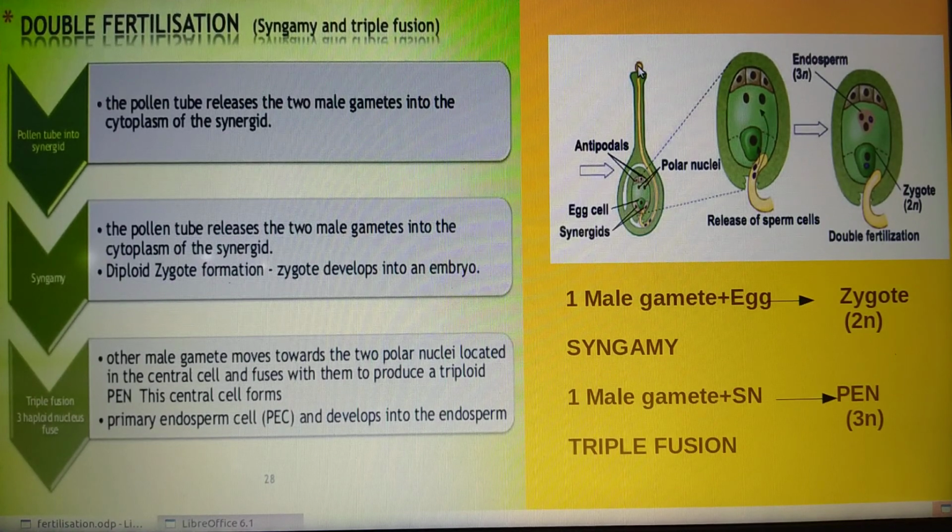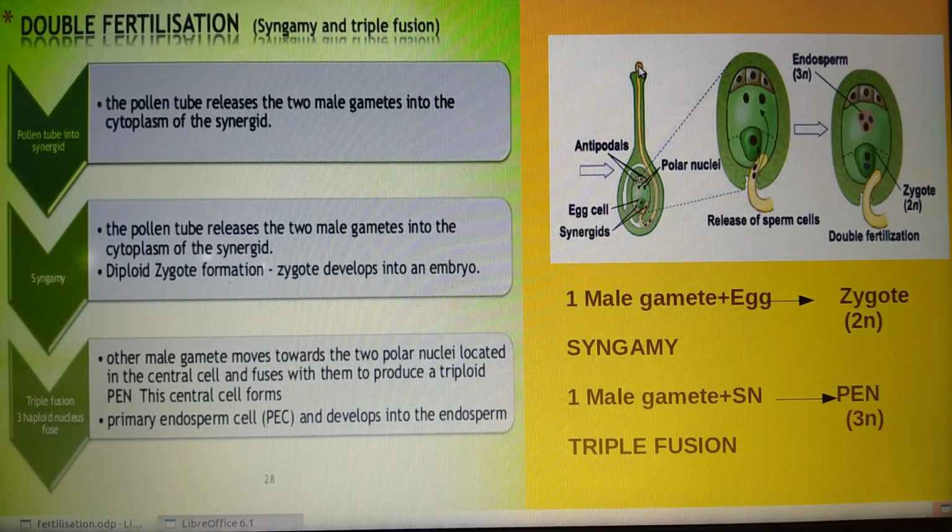As you know, just after pollination, there is a continuous dialogue between the pollen grains and the stigma to identify whether it is a compatible or incompatible pollen. The process we have discussed in the last video is pollen-pistil interaction.